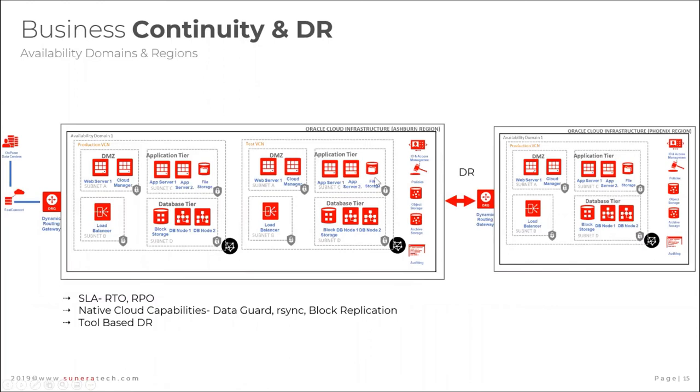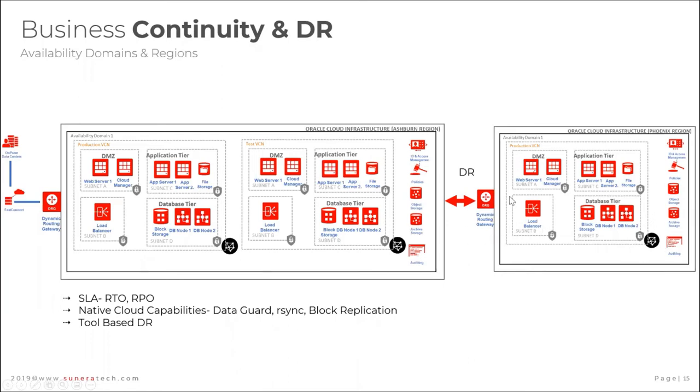If you're using Oracle Cloud, typically in North America, it's Ashburn and Phoenix. And as you can see, you've got this FastConnect here, connecting your production to your on-prem data centers or your corporate offices. And then you've got your DR site over here.